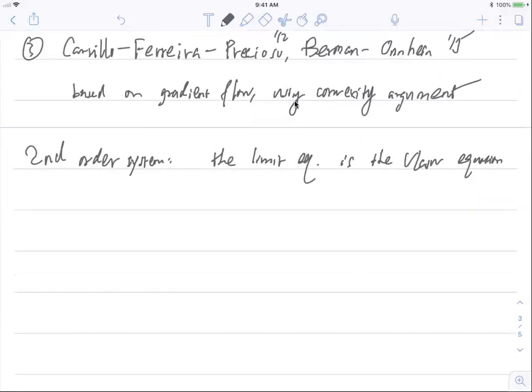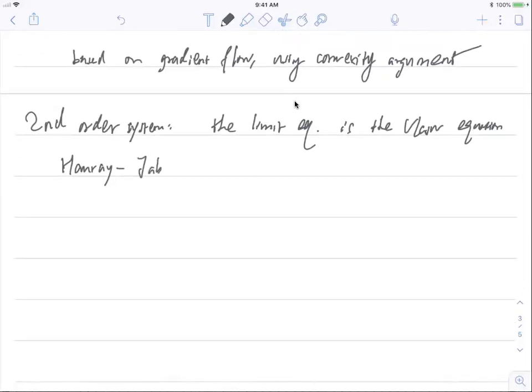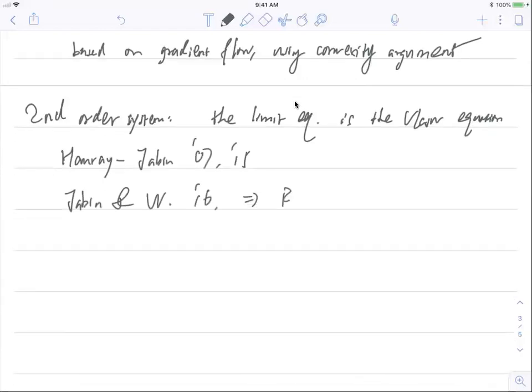In this direction there are several results, for instance those I also listed in my previous slides, and also Serfaty, Emmanuel and myself. For second order systems, this is where we use relative entropy, as I talked about in the last two lectures.